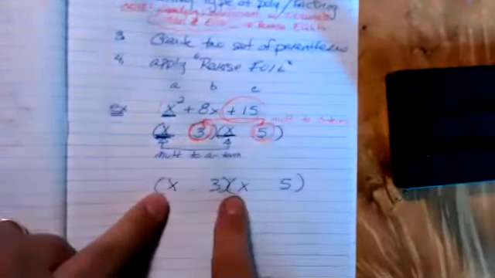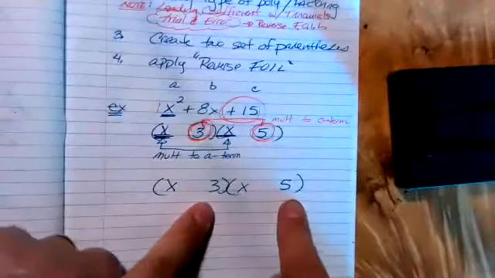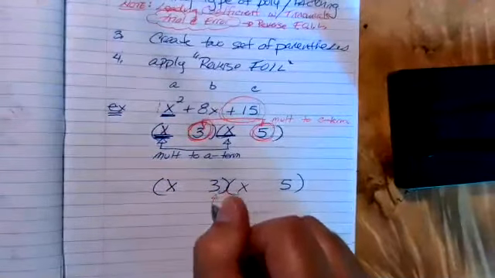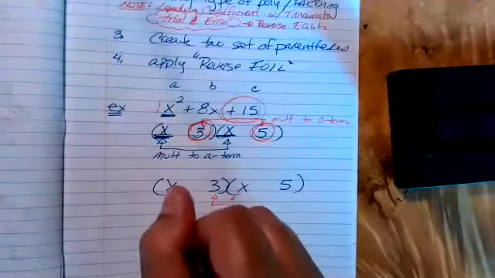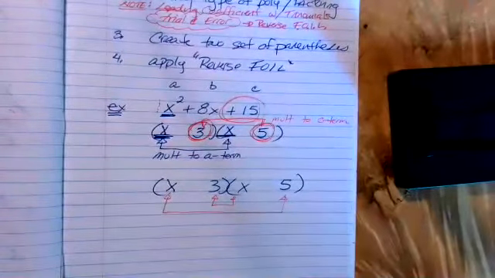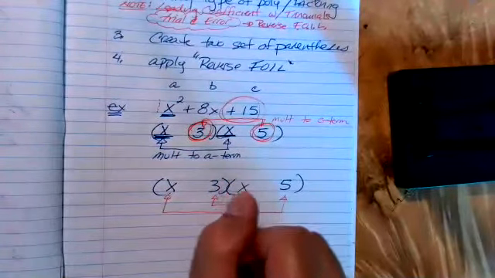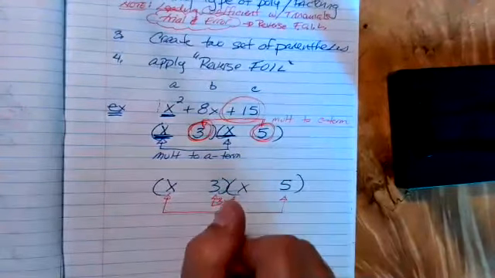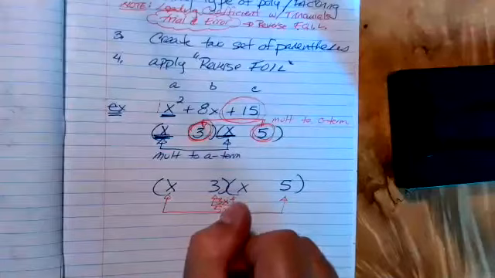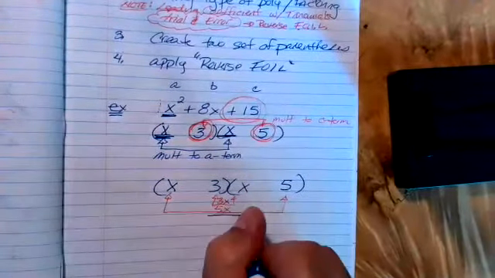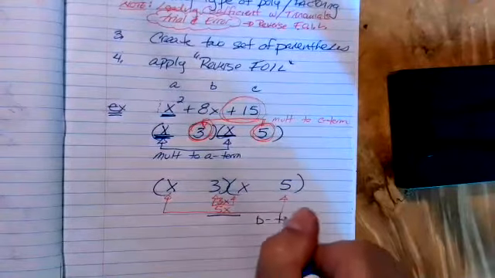So we know these two give us our first term, these two give us our last term, and it's the combination of your inners and your outers that have to give you your B term. The multiplication of your inners, which would be 3x, and of your outers, which would be 5x, have to combine to the B term.